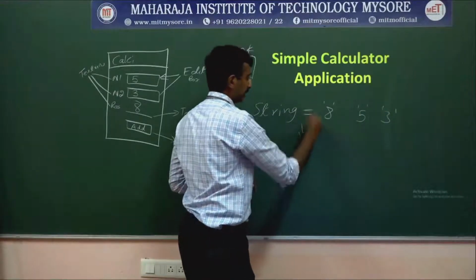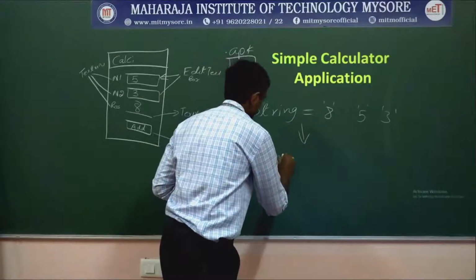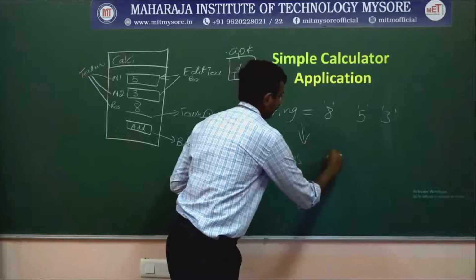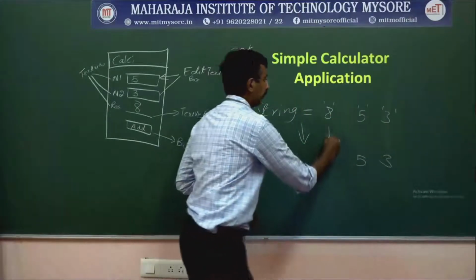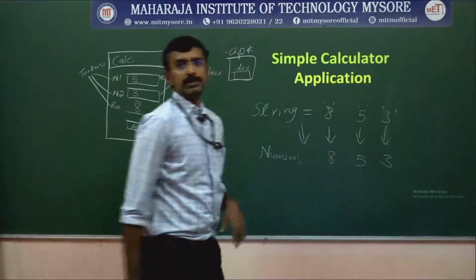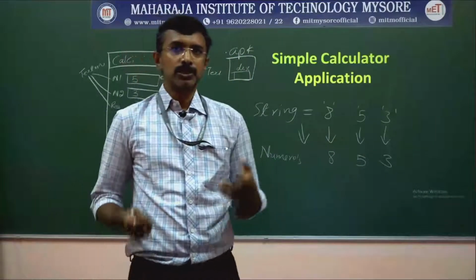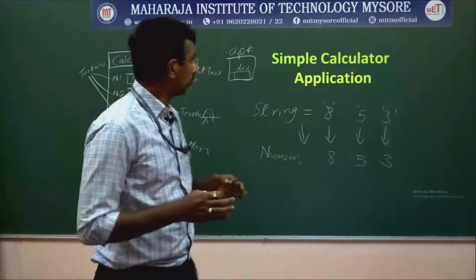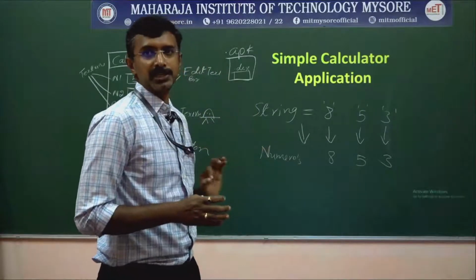You have to convert these strings into numerals. This is a very important one. The string should be converted into integers, for the calculator is meant for integers, not for strings. So you have to make sure that your strings are converted into integers.